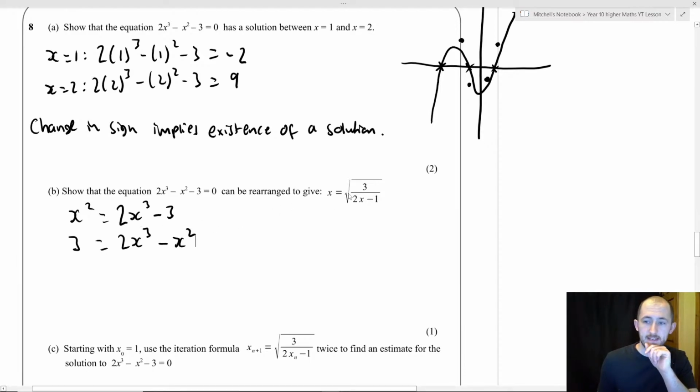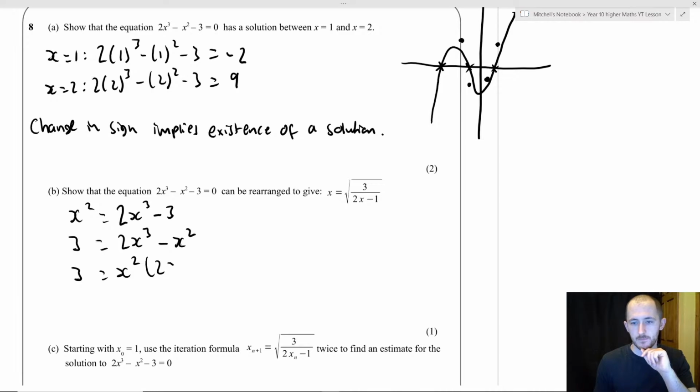Because again, we need to square root it at some point, right? So what we're actually going to do is factorize out an x squared. And if you have a look, I now have the denominator of that fraction. So I'm in the money.